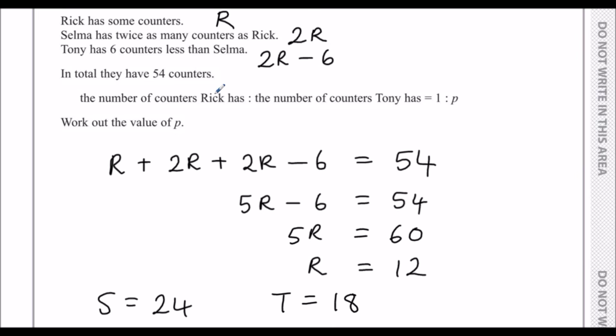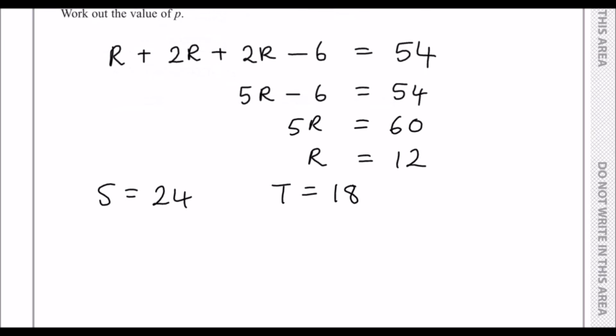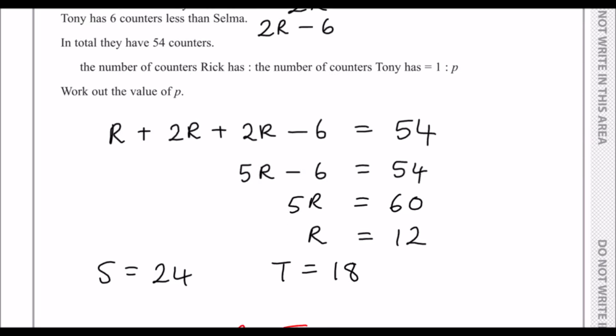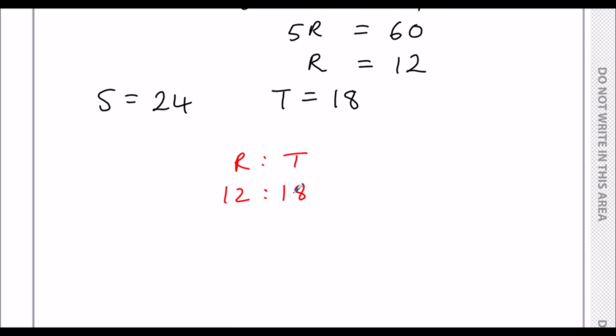We want the ratio of Rick to Tony. So Rick has 12. Tony has 18. So Rick to Tony is 12 to 18. We want it in the form 1 to P. I can simplify it by dividing by 6.